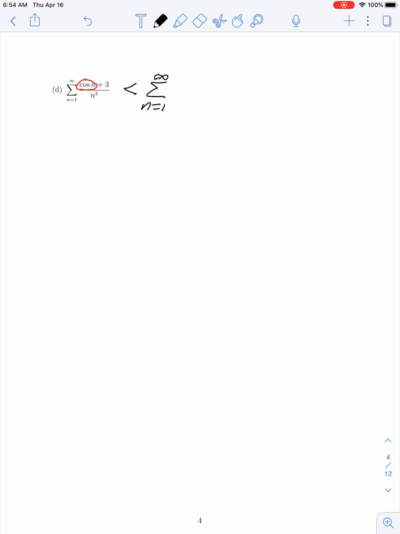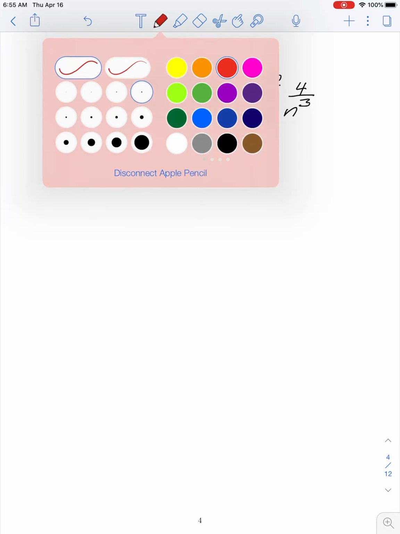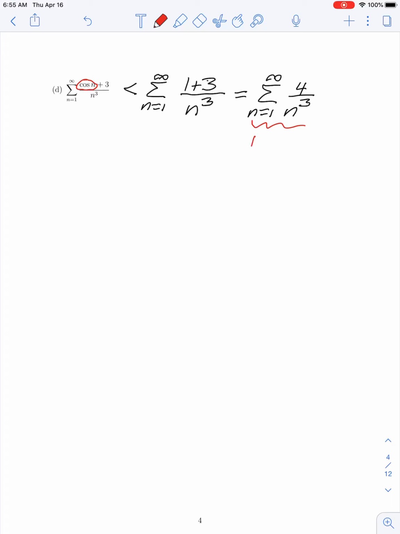I know that cosine of n lies between plus and minus 1, so the largest value that we could ever have for the terms of this series would be 1 plus 3 over n cubed, or of course this is the same as 4 over n cubed. And so this series that we have here is a p series where our power of p is equal to 3. It's greater than 1, so we know that this series converges, which means that the given series, which was even smaller, must also converge.